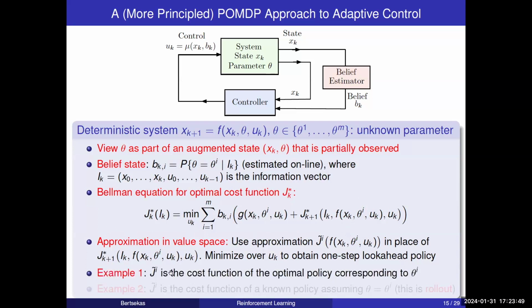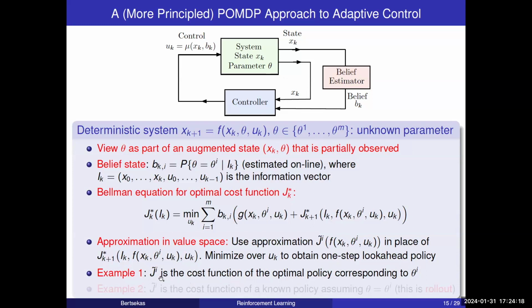Now, what would you choose as J tilde of i? You can take it to be the clairvoyant optimal cost function, clairvoyant in the sense that we know theta i. So assuming that I know theta i, then the corresponding problem may be easy. It may be a linear quadratic problem that can be solved in closed form.